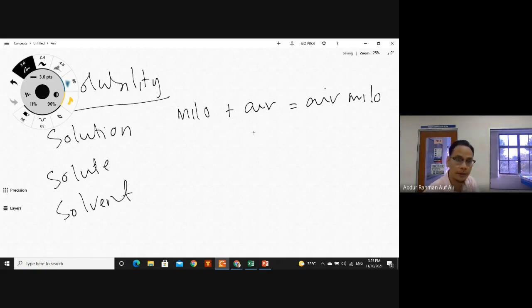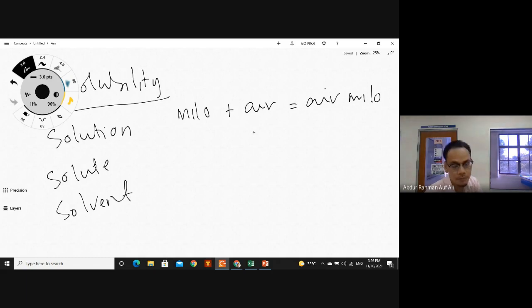So the principle, the understanding of solubility, you could do it by understanding the making of air Milo. So kat dalam proses buat air Milo tu, what is the purpose of water? Okay, kita add water. We use water because water will dissolve all the serbuk Milo. Serbuk Milo akan larut di dalam air.